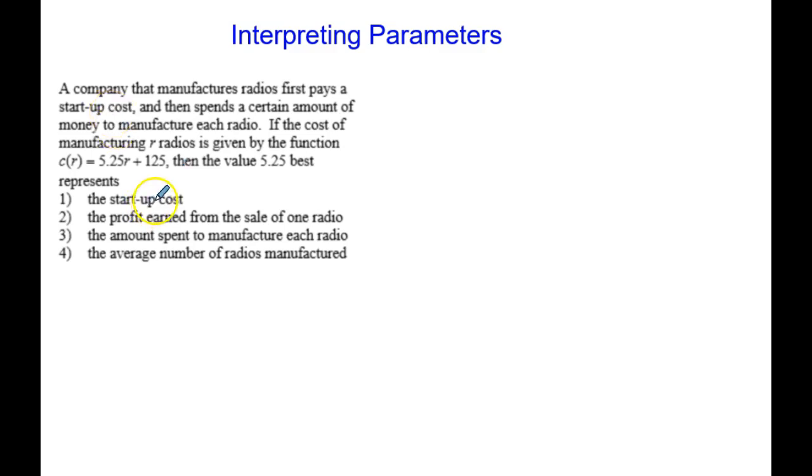So it can't be choice number 1. This is talking about a rate that's going to reference how much they have to spend to manufacture each radio, because this represents the cost to the company. That includes the initial cost and the cost per radio. So it would be choice number 3, the amount spent to manufacture each radio.